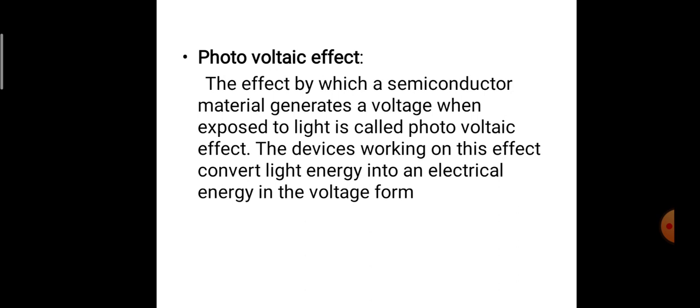Photovoltaic effect: the effect by which a semiconductor material generates a voltage when exposed to light is called photovoltaic effect. The devices working on this effect convert light energy into electrical energy in the voltage form.